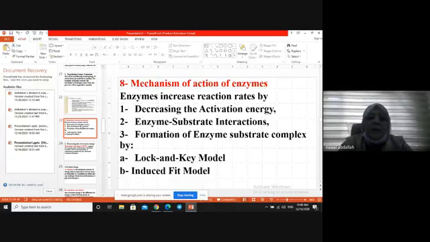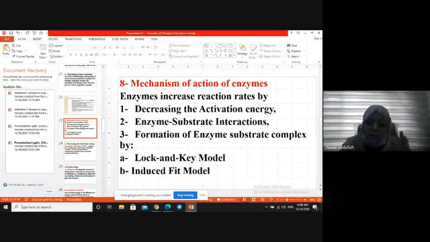These mechanisms are explained by two theories in enzymology science. These theories are the lock and key model or theory, and the induced fit model or theory.